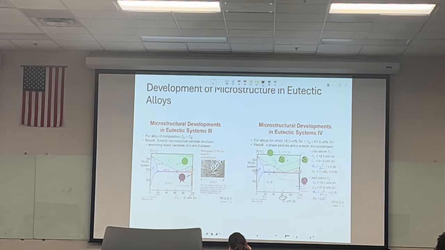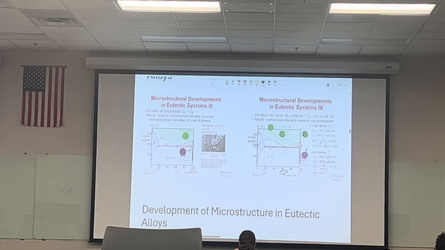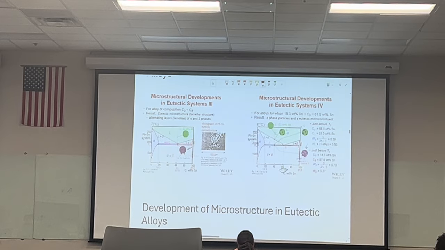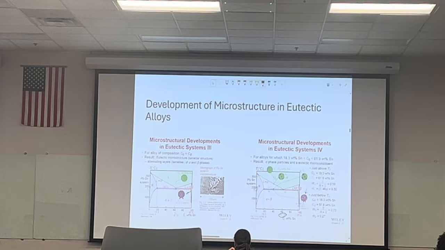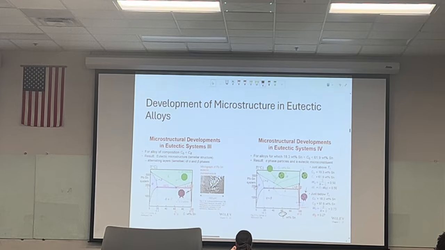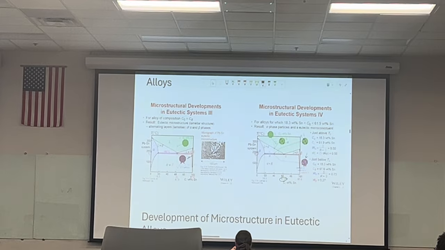And then the moment the temperature drops below the eutectic isotherm, all the remaining liquid is going to transform instantly into the eutectic structure, that guy. So essentially this is what they were going over from your slides, these different microstructural developments.